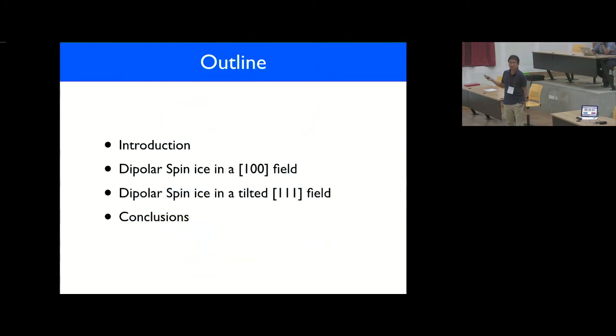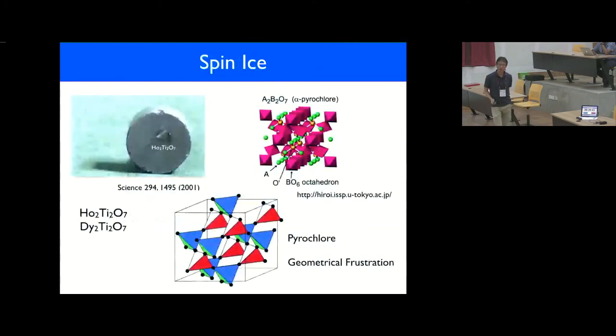So let me start with the introduction. Spin ice is a class of materials where the magnetic moments live on a pyrochlore lattice, basically a corner-sharing tetrahedron. These are the most famous dipolar spin ice materials: holmium titanate and dysprosium titanate.